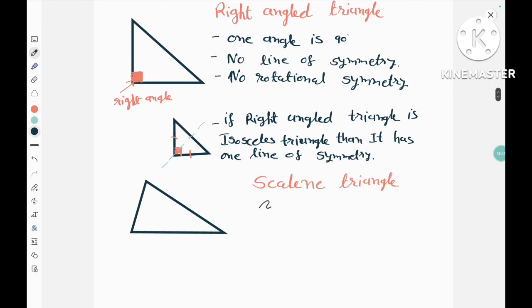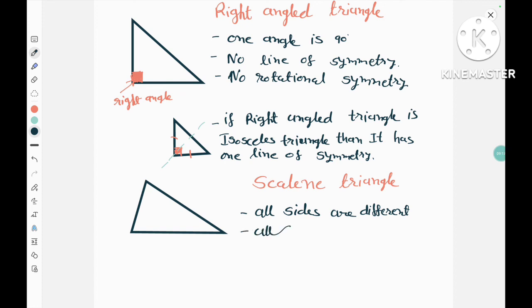Okay. Let's see the last triangle, the scalene triangle. In a scalene triangle, no sides are the same and no angles are the same. So we can say all angles are different. Let me start with the sides. All sides are different.